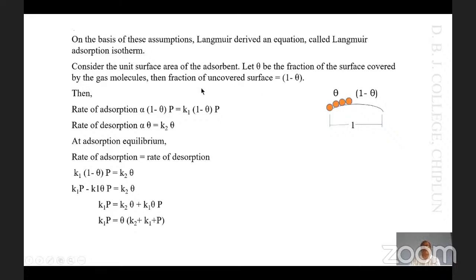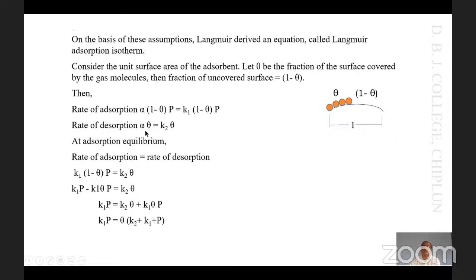Then the fraction of uncovered surface area will be 1 minus theta. Now, according to the assumptions, the rate of adsorption is proportional to the uncovered surface area of the adsorbent as well as the pressure of the gas, which can be written as K1 (1 minus theta) P. Here K1 is the proportionality constant.